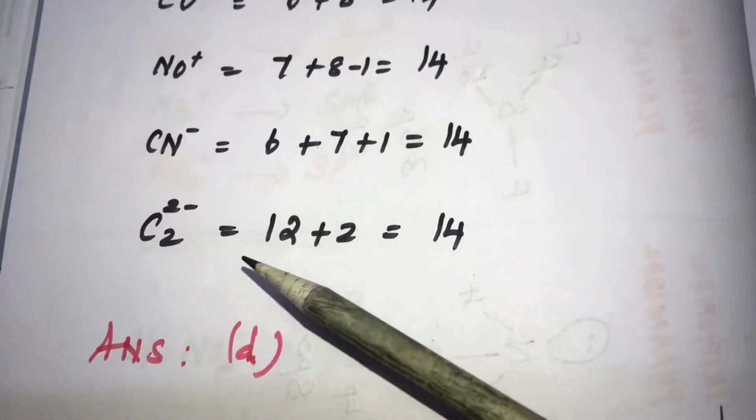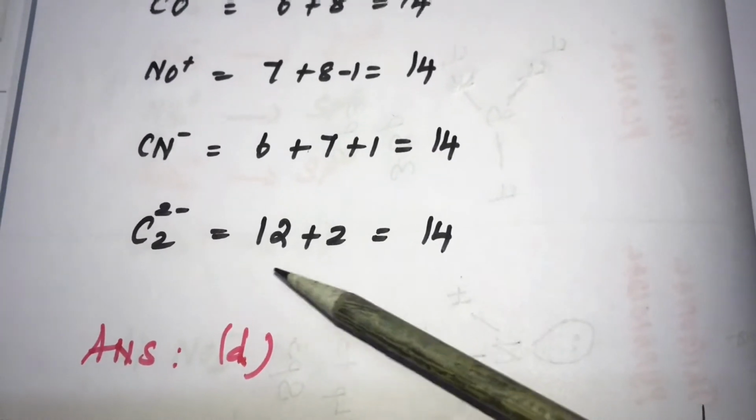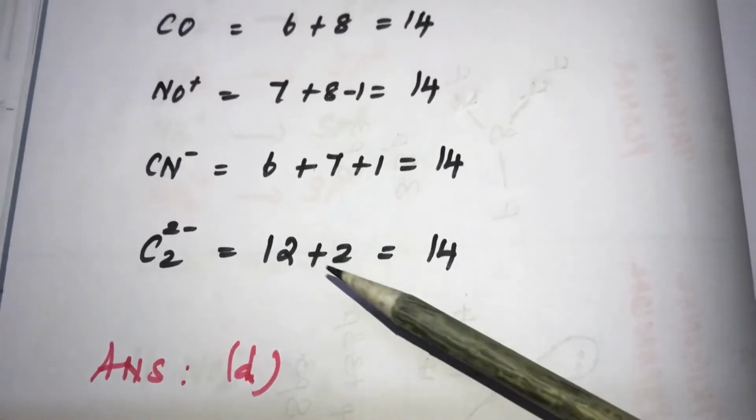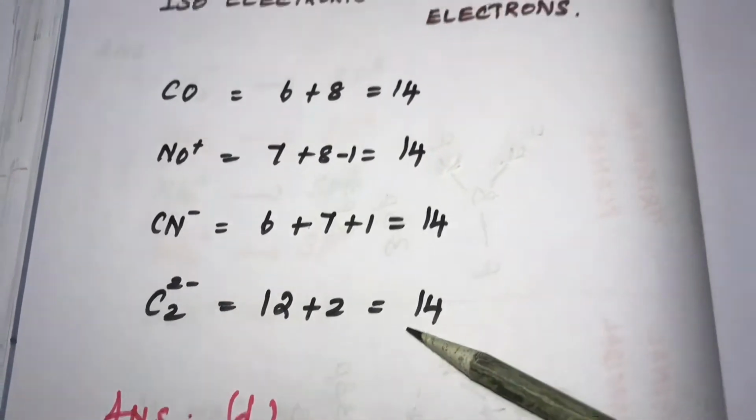C2 2 minus. For carbon 6, there are 2 carbons, 2 into 6 is 12, 2 minus is present, that means it contains 2 extra electrons, thereby 12 plus 2, it is 14.